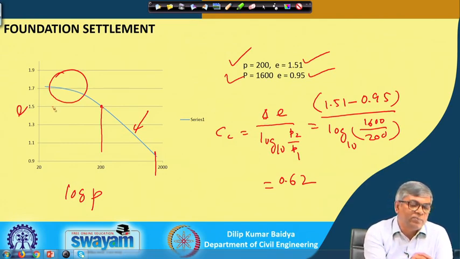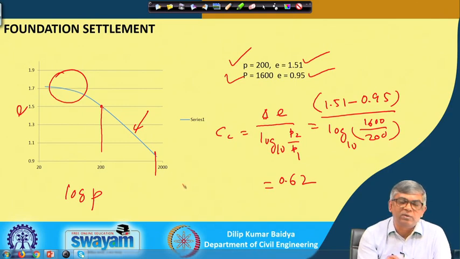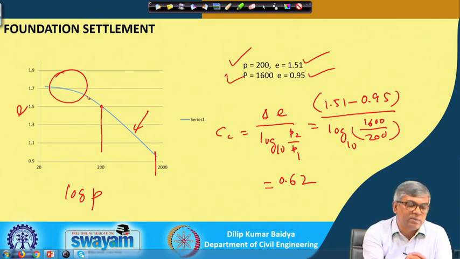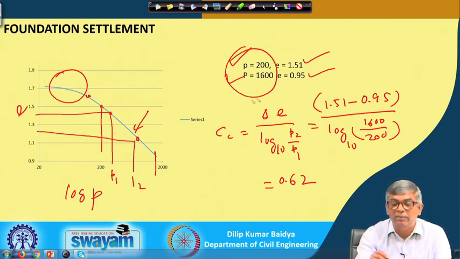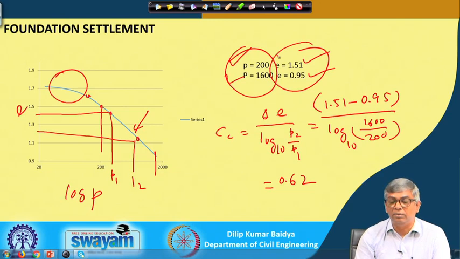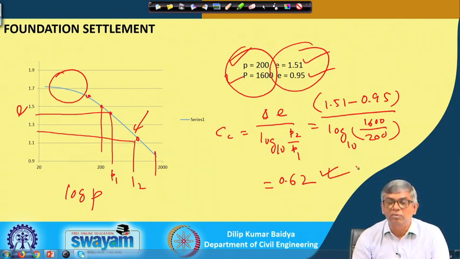The initial portion will be curved, but the major portion will be a straight line. So, from here to here it is a straight line. When it is so, anywhere you can locate 2 points, and from there you can find P 1, P 2 and the corresponding E 1 and E 2. So, I took 2 pressure values and corresponding E values, and from there I got C c equal to 0.62.